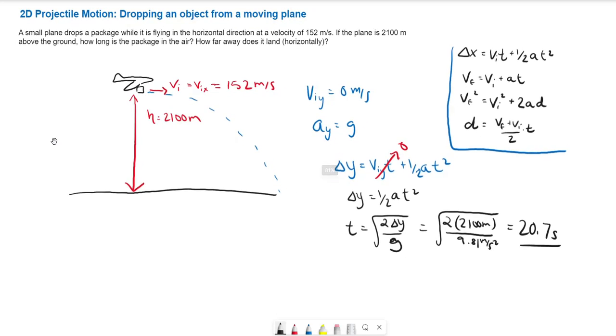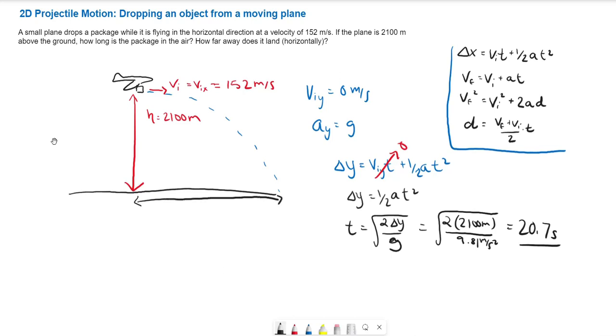Now, we want to find how far away it lands horizontally. So that's our delta x, right? This is what we are looking for, delta x. Again, just using this first equation, delta x is going to equal v initial in the x direction times the time.